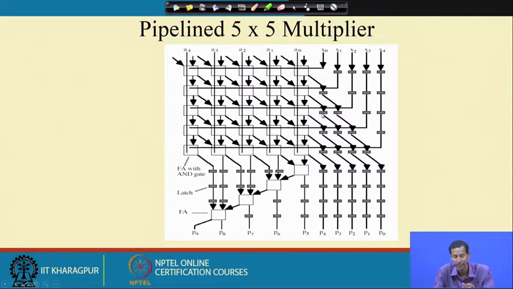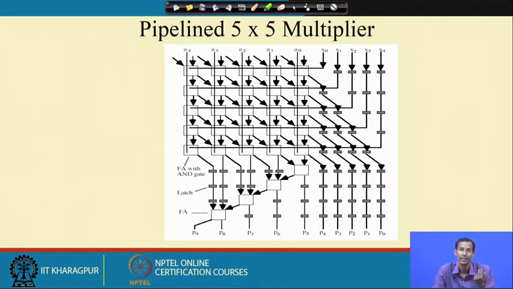For P1, 1 through 7. Then P2 is produced at the 2nd clock cycle, so it has to pass through 6: 1, 2, 3, 4, 5, 6.